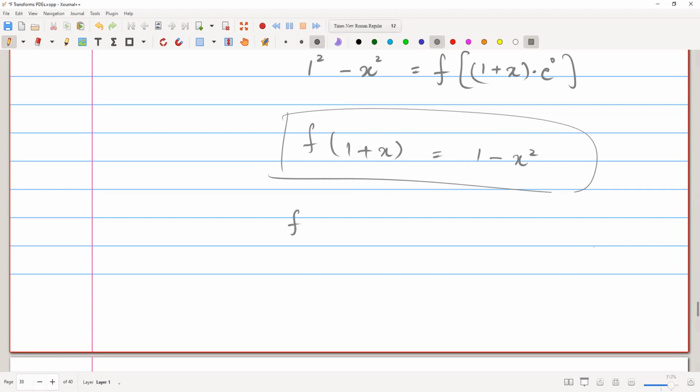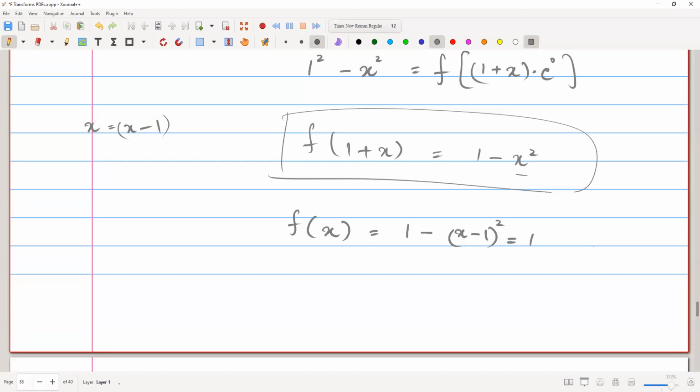So we can write that f of x will be simply equal to 1 minus (x minus 1) squared. How I did that: because we have 1 plus x here, if I take x minus 1 instead of x, the 1 will cancel with this one, and then I have to put here also x minus 1 squared.